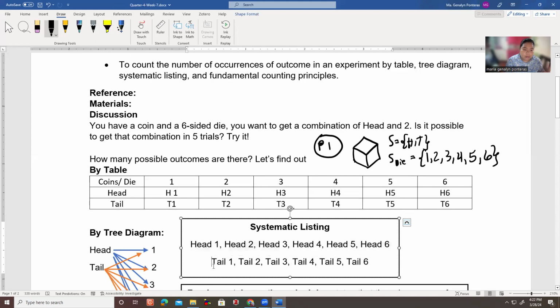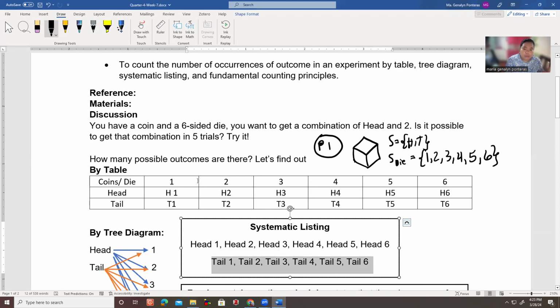For the tail, you have tail 1, tail 2, tail 3, tail 4, tail 5, and tail 6. So if we count the total, we have 12. We have the cardinality of 12 for the sample space with this coin and die.